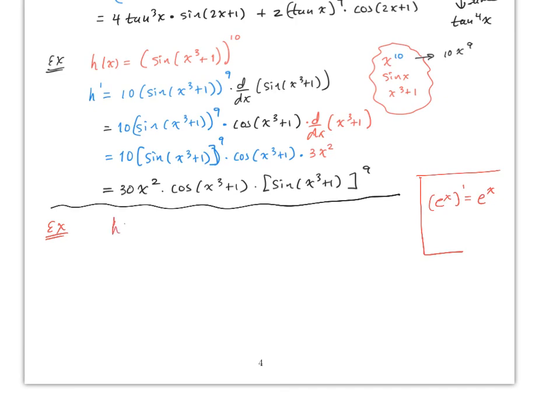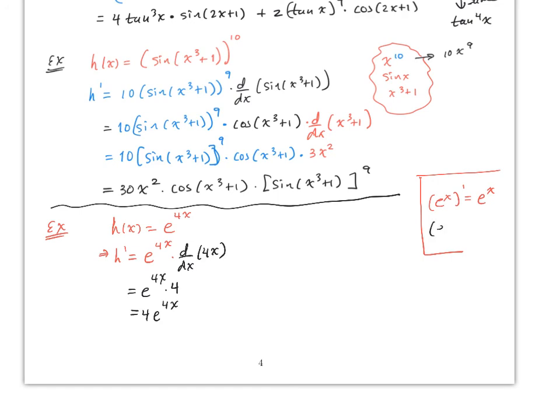Let's say that h of x is now equal to e to the 4x. Then the derivative is going to be e to the 4x. So you just rewrite the function times the derivative with respect to x of the exponent, which in this case is 4x. So therefore this will be e to the 4x times 4, or just 4 e to the 4x.